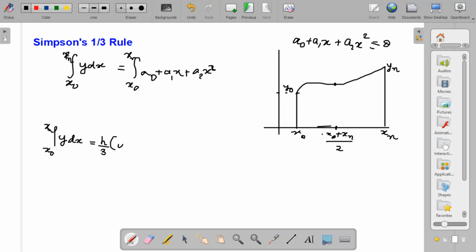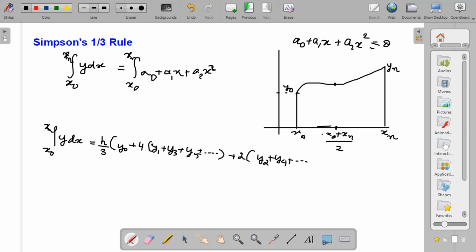under Simpson's 1 by 3 rule can be written as h by 3 into y0 plus 4 times y1 plus y3, all the odd functions, that is y5, like that it goes, plus 2 into y2 plus y4, plus all the even ones.